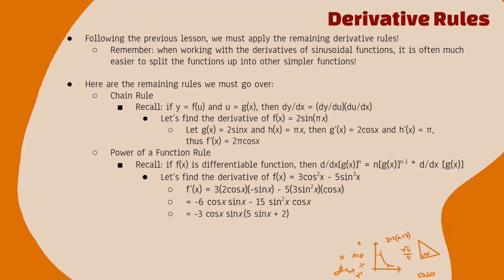Luckily for us, the chain rule is kind of simple when it comes to sinusoidal functions, and I'll explain why. First, to recall, the chain rule includes 2 different functions. The first function could be g of x.